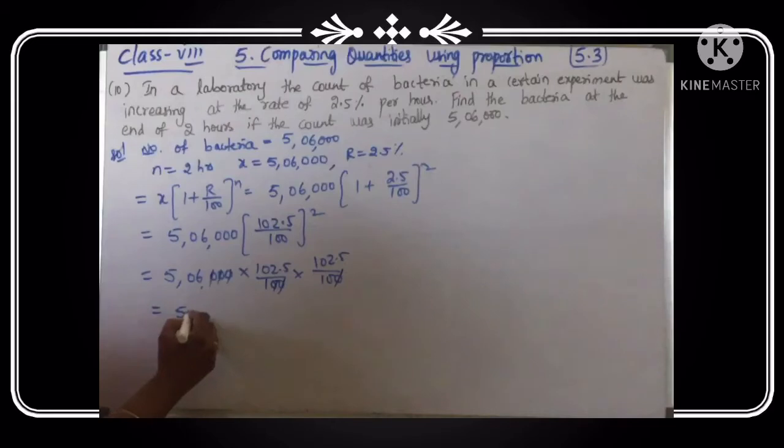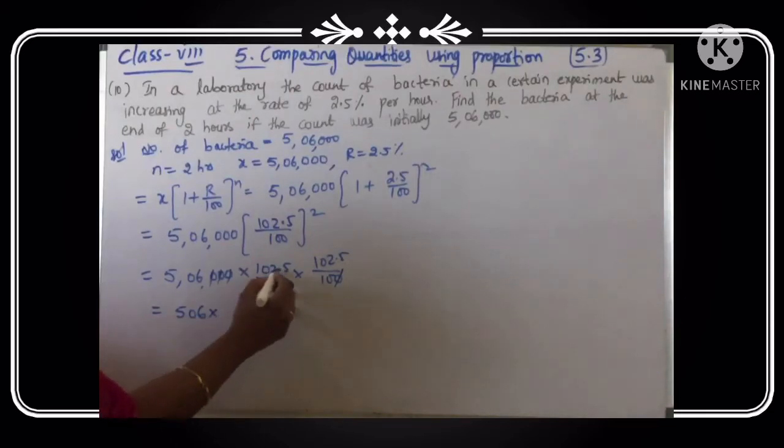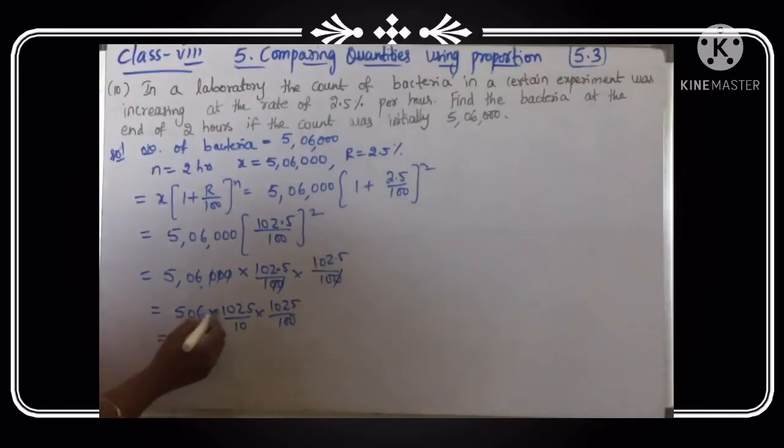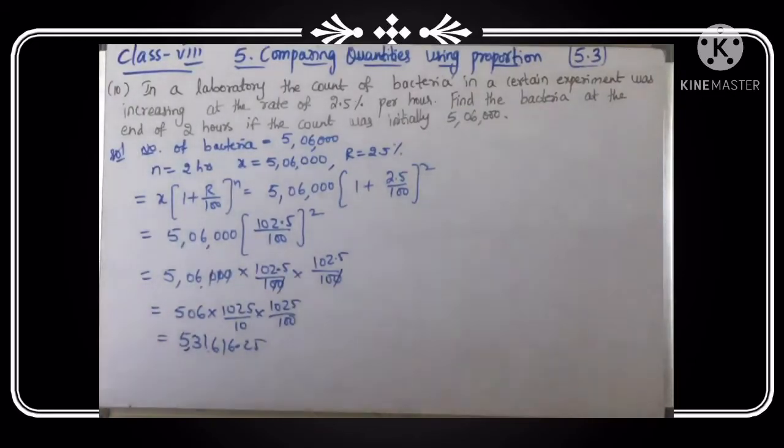Here 506 into, you can take this decimal, children, so the denominator will become 10, and here 100 because 10 is already given. So you multiply and divide by 1000, you will get 5,31,616.25. That was the count of bacteria in the laboratory.